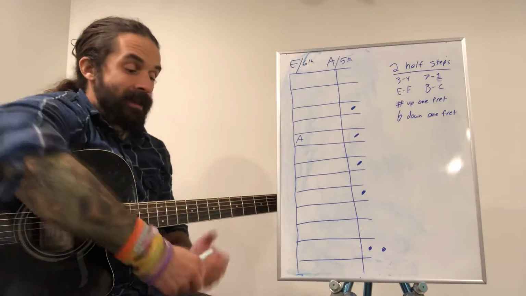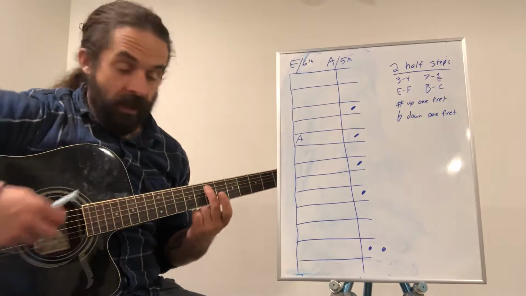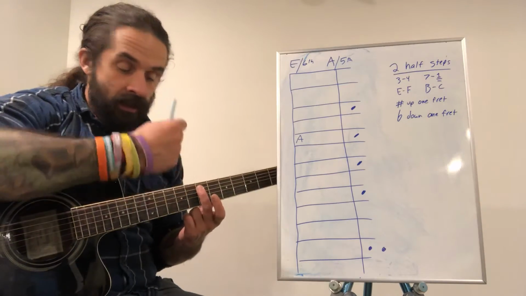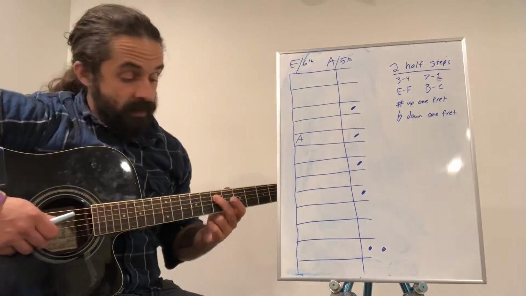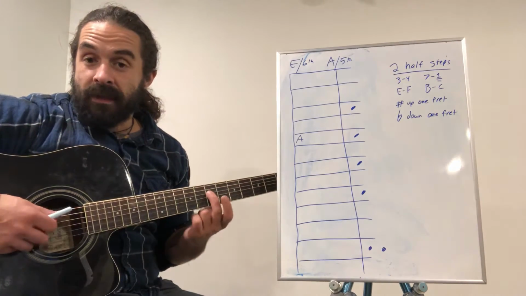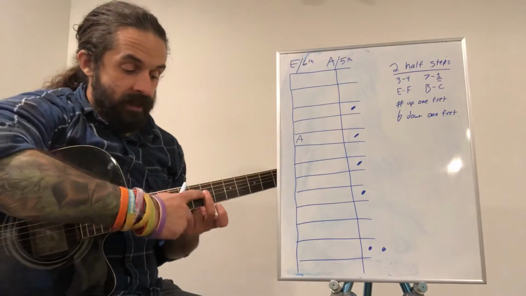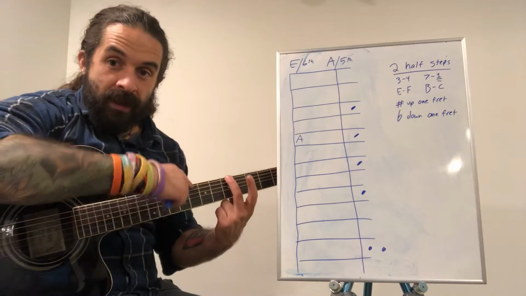The 7th fret of your 5th string is the same note as your top string, and that goes on too. The 7th fret of your 4th string is an A, so that's the octave there. 7th fret back is up 1 string, 5th fret is down 1 string.